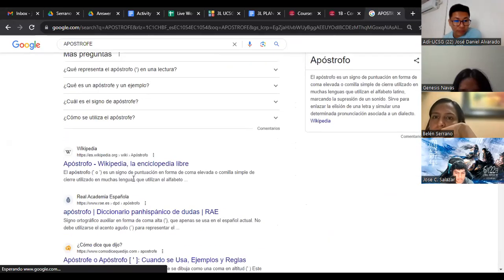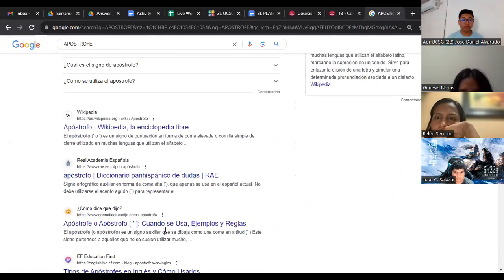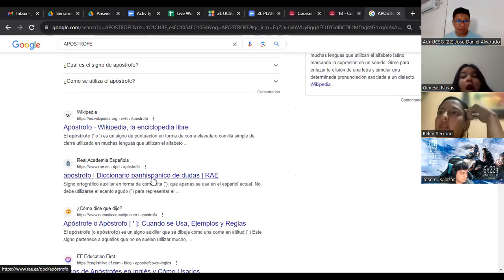Porque hay un apóstrofe que lo marca como incorrecto. Aquí están los dos. Este es el correcto, el que es totalmente vertical y hay uno que es como sesgado. Entonces ese es incorrecto. Oh, ok. Si te lo vuelvo a marcar incorrecto, Belén, me hace saber para ver qué es lo que pasa.